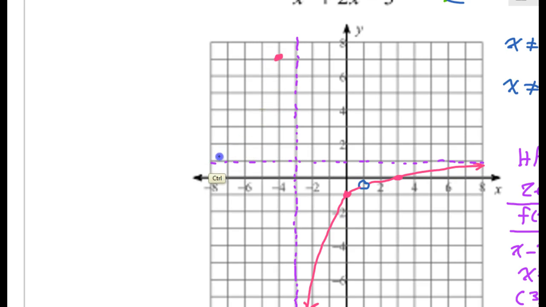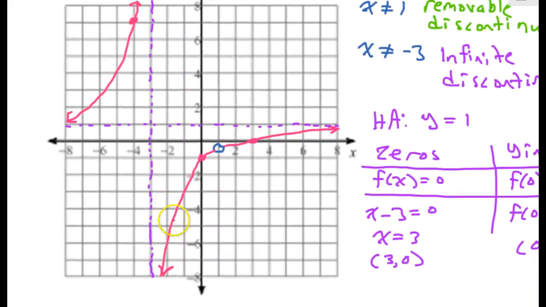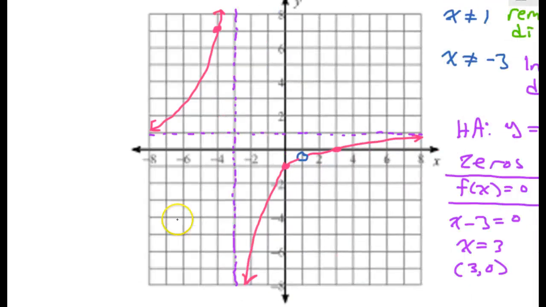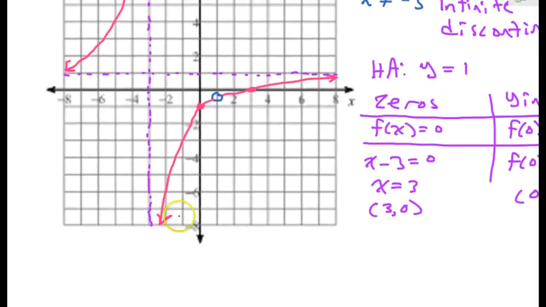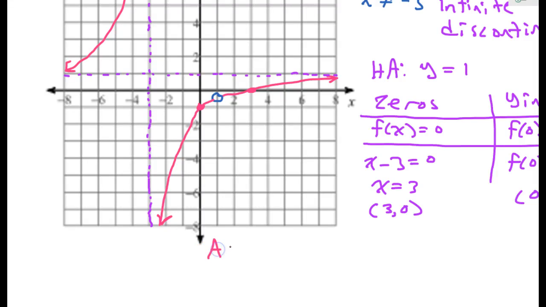Alright, that's enough. So I'm going to go ahead and draw this branch. Because I know it's got to go through here and it's got to come down and approach the asymptote on either end. This is just a rough sketch. This is good enough. So really that's it. We've done it. Let me squeeze in the end behavior. On the left, as x approaches -infinity, f of x approaches 1, the horizontal asymptote.